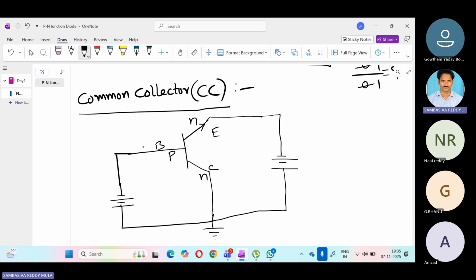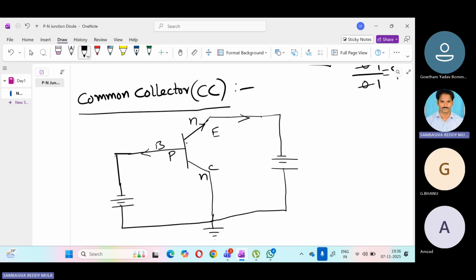Now see the polarity of the currents. As the emitter terminal is connected to the negative region, current always flows in this direction, away from the junction. So here also away from the junction.